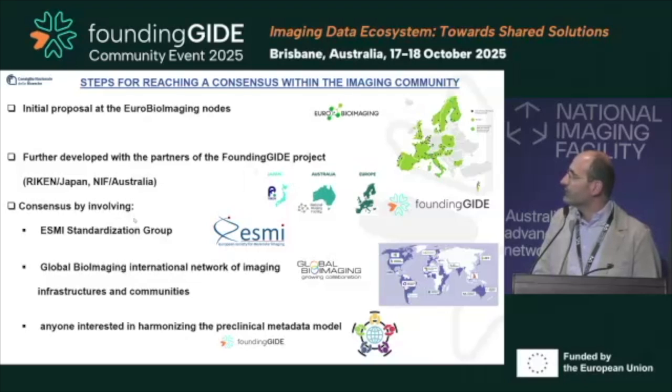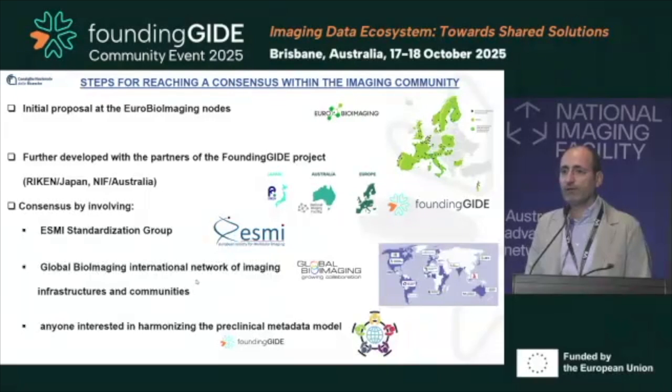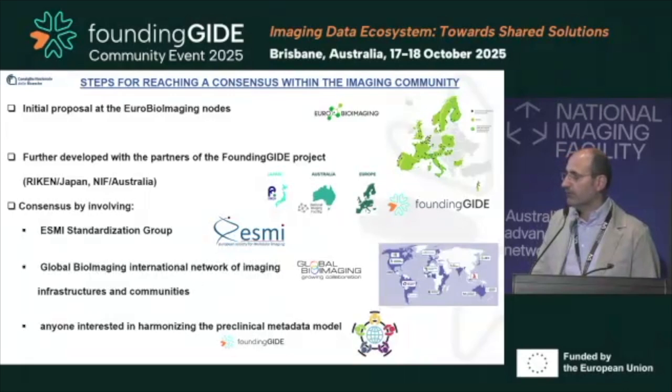And then we would like to reach a consensus by involving several communities, starting from the European Society of Molecular Imaging Standardization Group, and then reaching also the Global BioImaging network and several imaging facilities, since we really want feedback from all of these preclinical imaging centers, in order to develop something that is meaningful for the whole preclinical imaging community, and of course from anyone who might be interested in helping to develop this kind of standard.